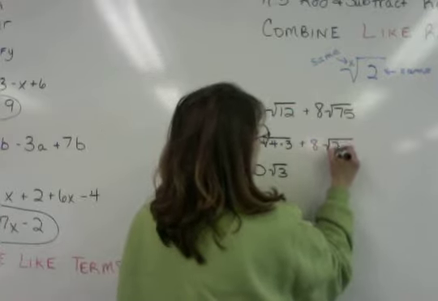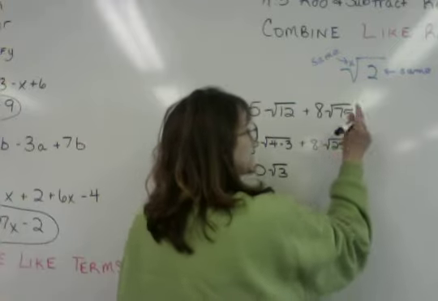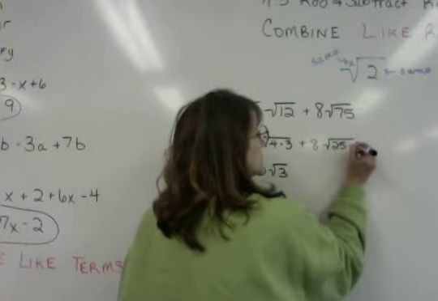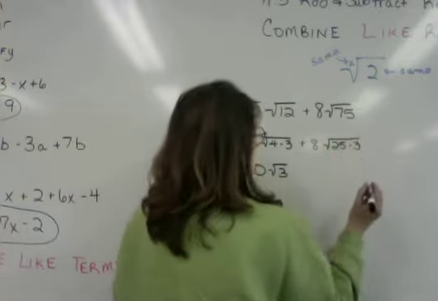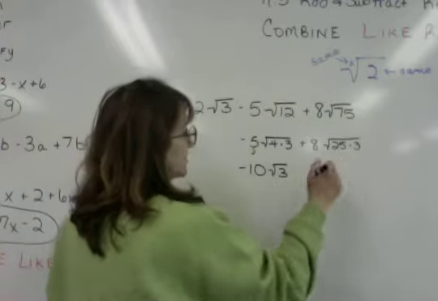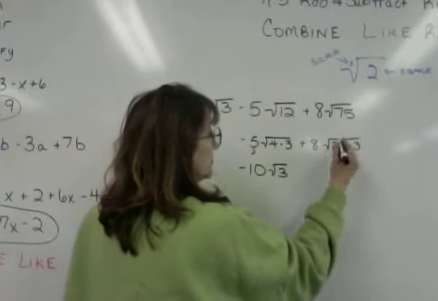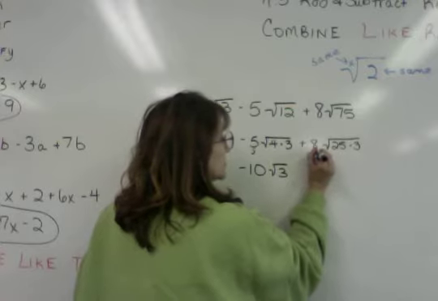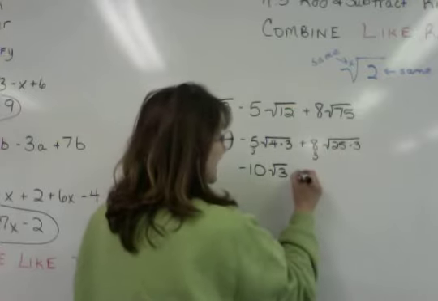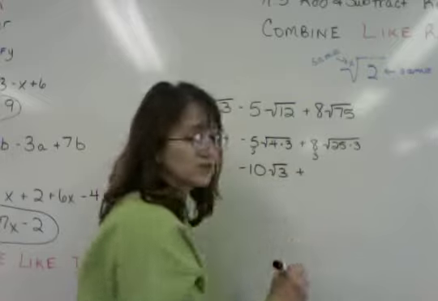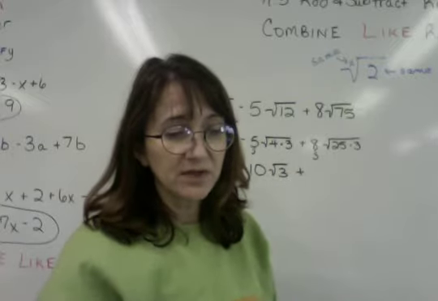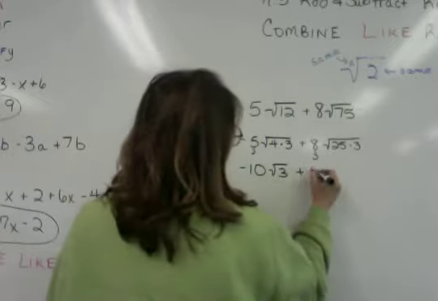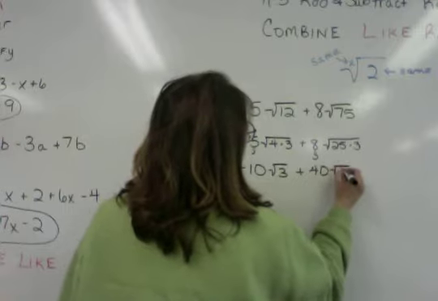My perfect square is 25, and 25 times 3 is 75. Got to have both of those factors in there. So what do I have here? I'm going to bring out the 5. That's a perfect square. Bring out that 5, multiply it to the 8. And now that's going to become 40 times the radical of 3.